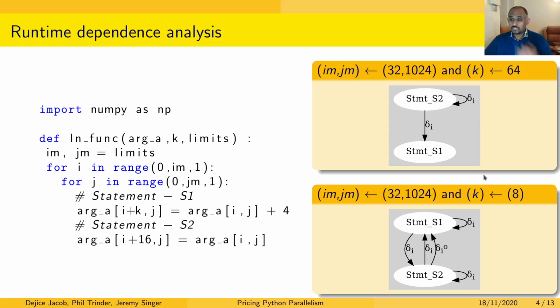If, with the same domain sizes, the k value turns out to be 8, then both S1 and S2 have cyclical dependencies that are carried by the I loop, and the whole graph has cyclical dependencies in it. So the outer I loop has to be executed sequentially around both S1 and S2, while the inner loop, the J loop, can be executed in parallel.